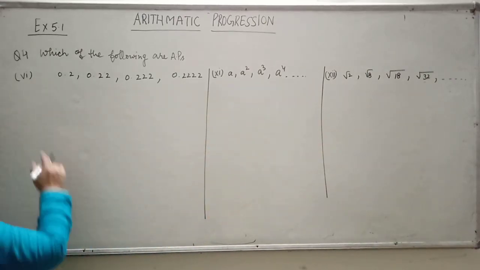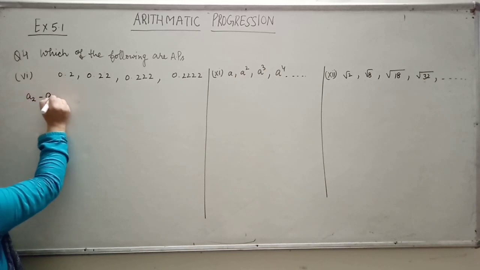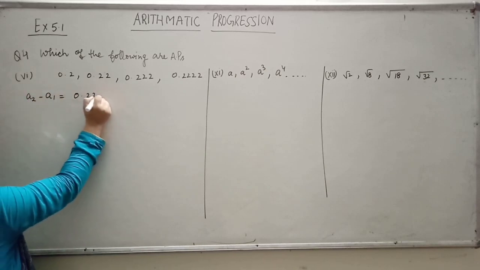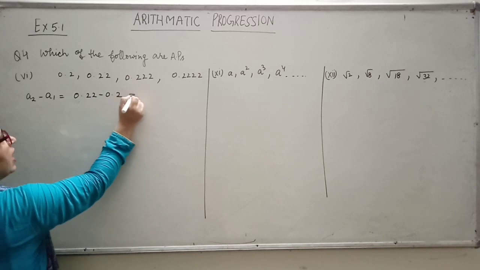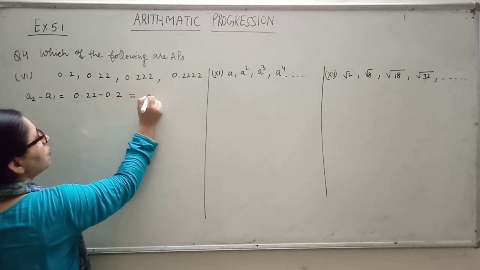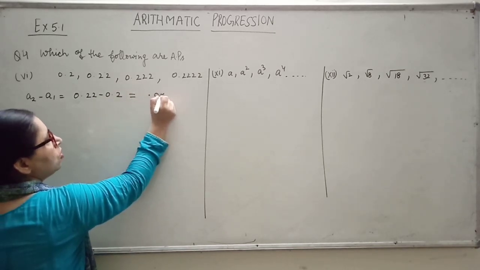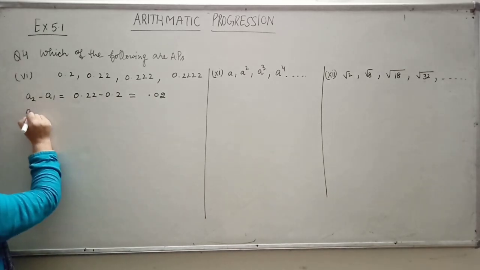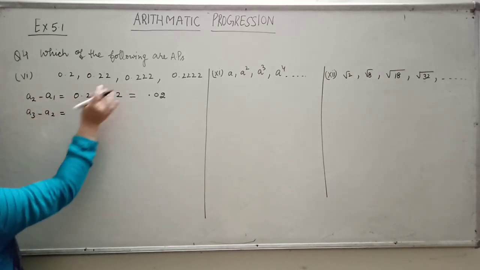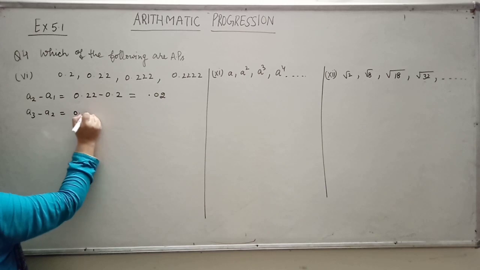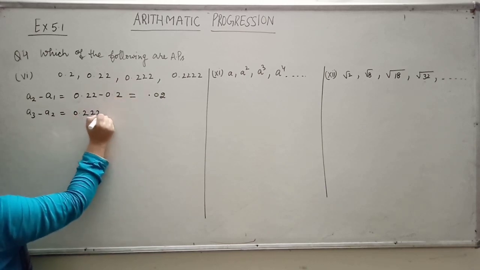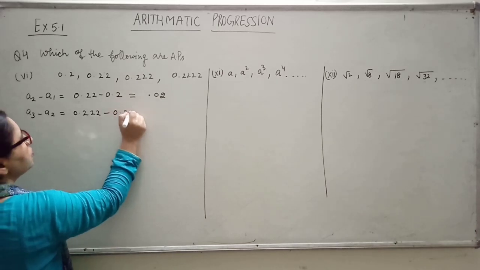Let us do this. First of all, A2 minus A1, that is 0.22 minus 0.2. That becomes, what is this? 0.02. Now A3 minus A2. A3 is 0.222 minus 0.22.